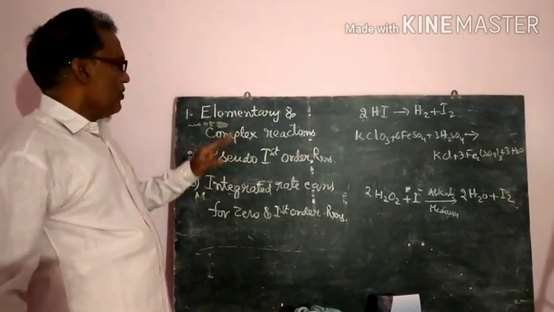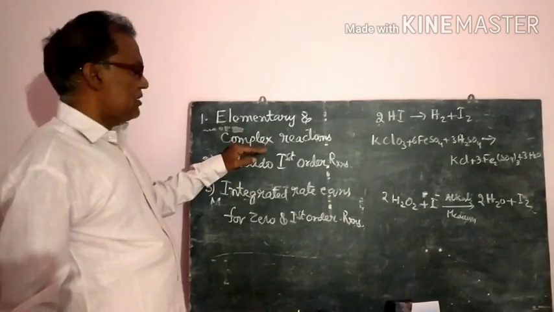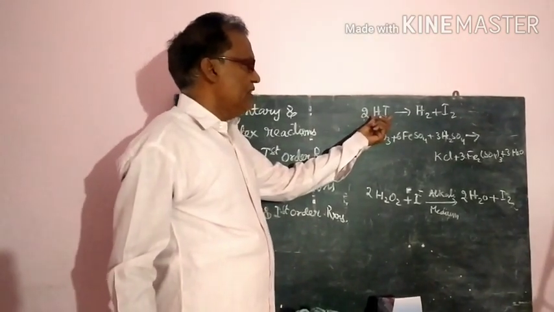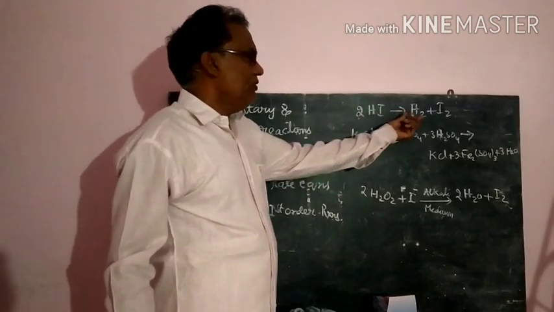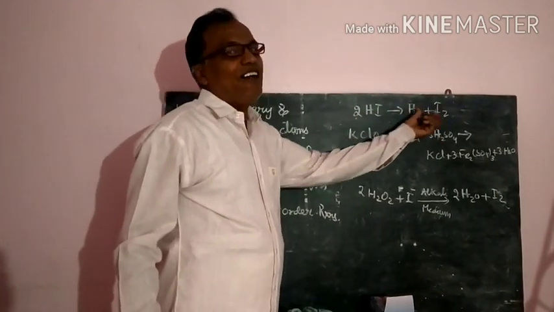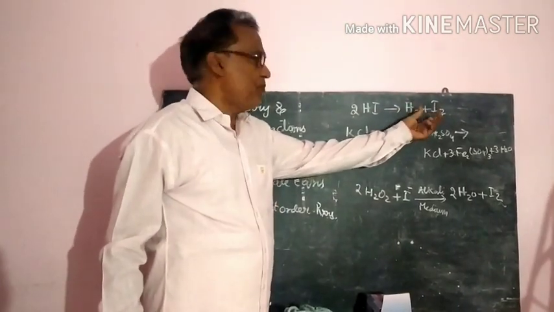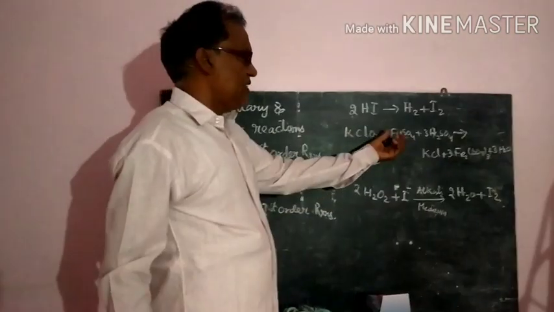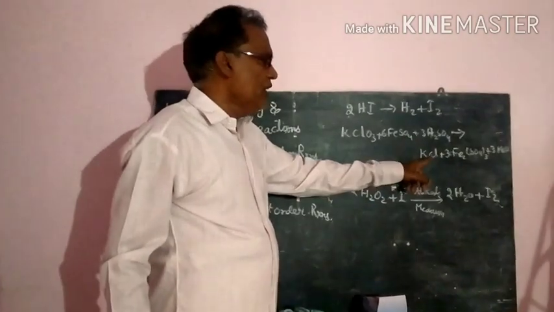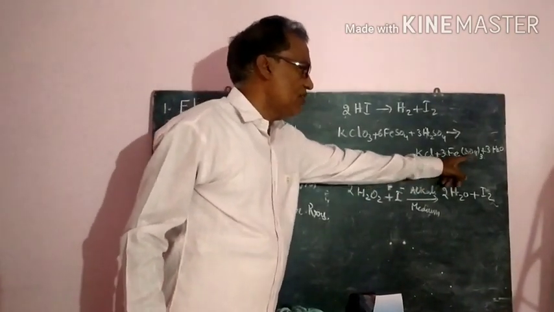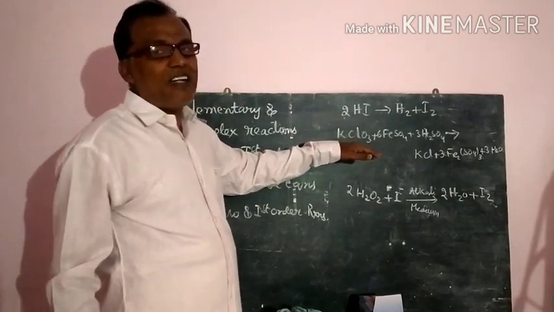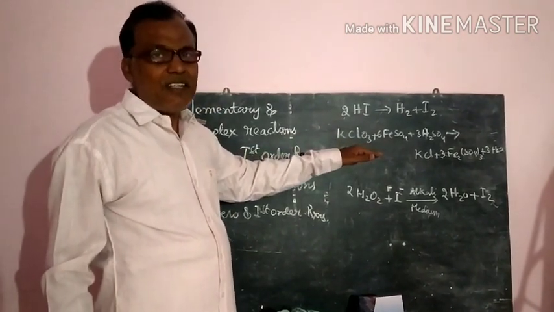So, elementary reactions and complex reactions. Example: if you take hydrogen iodide dissociation, it gives hydrogen and iodine directly, immediately in one step. But some reactions, like KClO3 + 6FeSO4 + 3H2SO4 giving potassium chloride, ferric sulfate and water, may not be completed in one step.